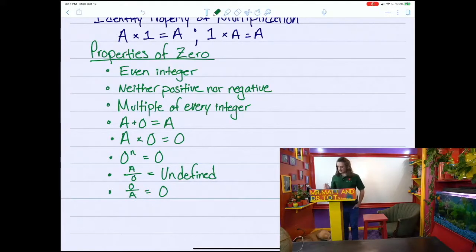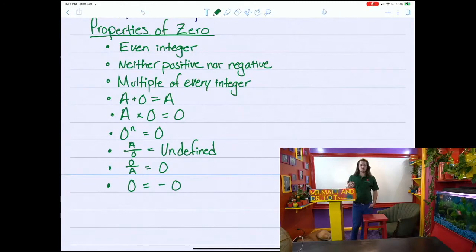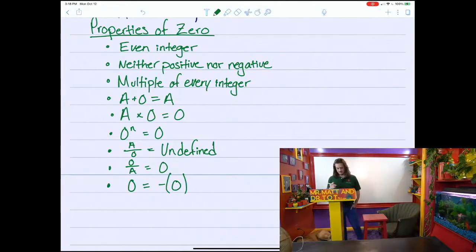Also, a unique characteristic of 0: because 0 is neither positive nor negative, it's the only number that's equal to its opposite. It would be inappropriate to write -0. But to be a little more technically correct, I could say -1 times 0. That's the same thing, because 0 can't be negative, and 0 can't be positive. It is its own classification in that regard.